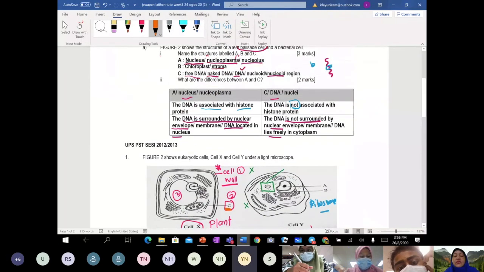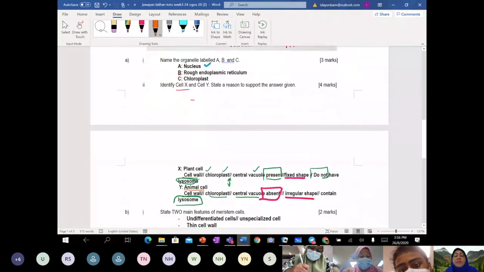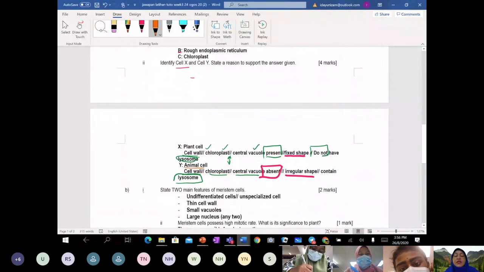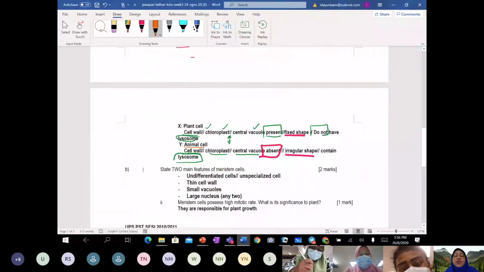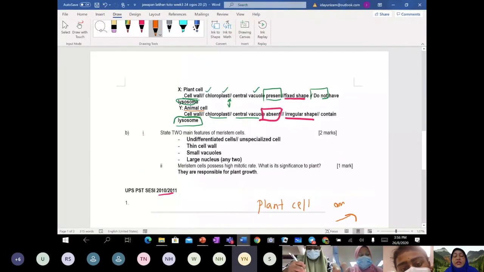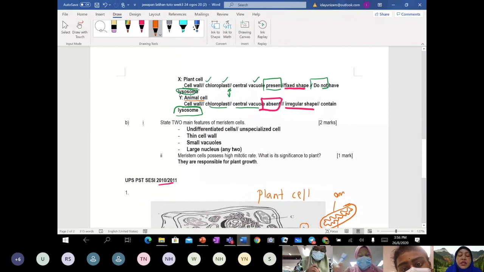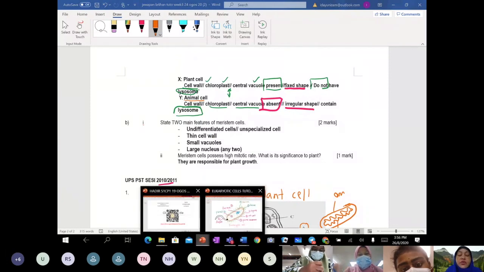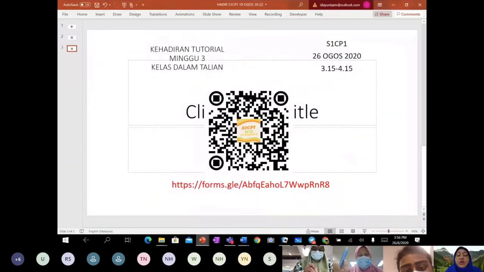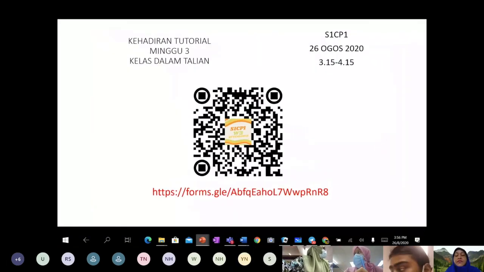And do not forget, plant and animal cell are always asked about the differentiation between the two cells. Teacher shows you our attendance, so we can sign in before we stop our online class.